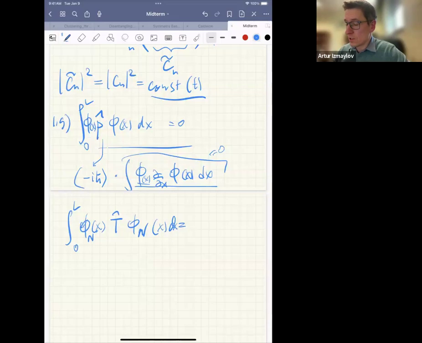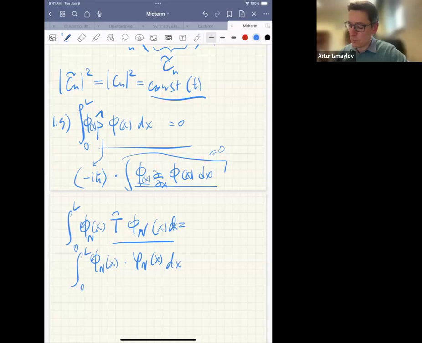So we need to take this integral, and first we differentiate, we get this function, and then we need to do the integral of the differentiated function with the original one. And the idea is not to forget the normalization. So this is our normalization.